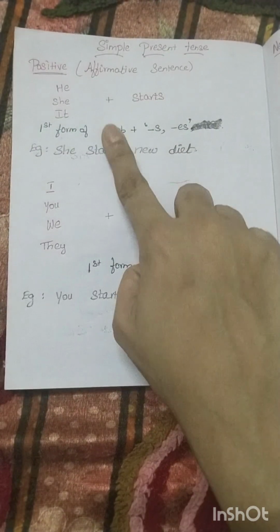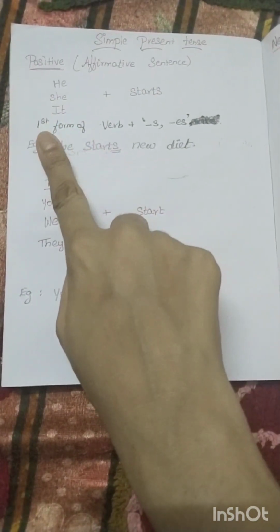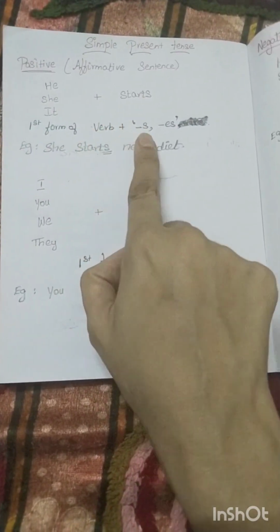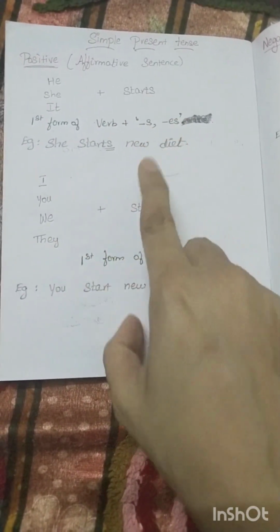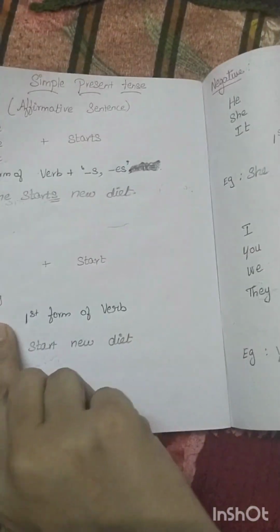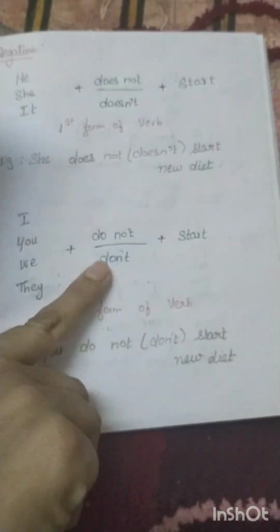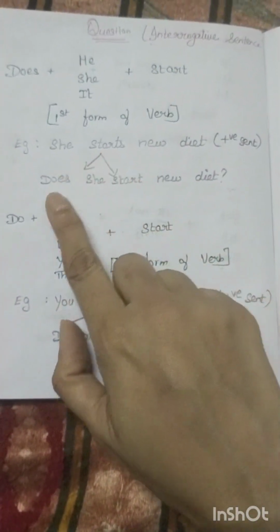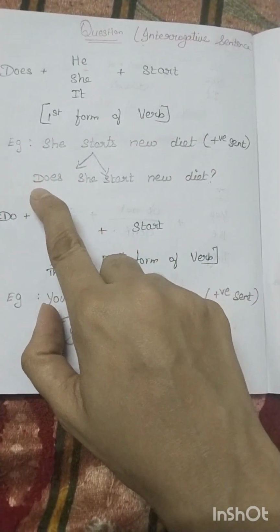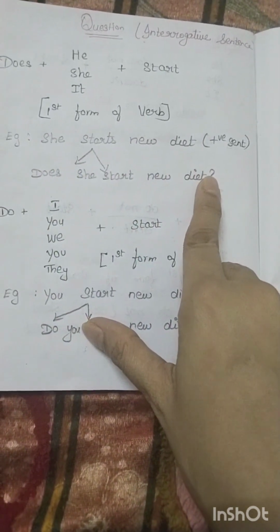In a simple sentence, first form of verb plus s or es, and then in a negative sentence you will use does not or do not. And while framing a question, you will use does in the starting of a positive sentence.